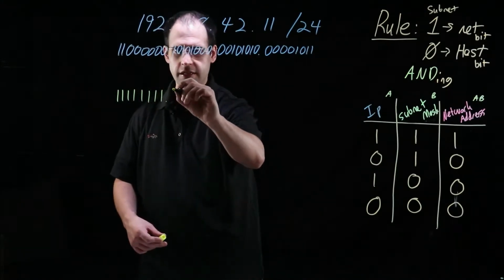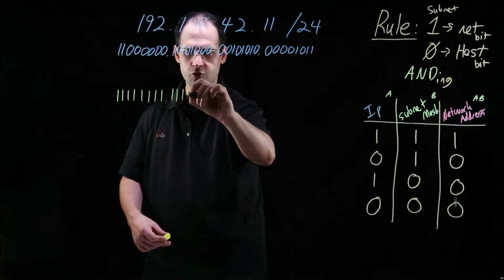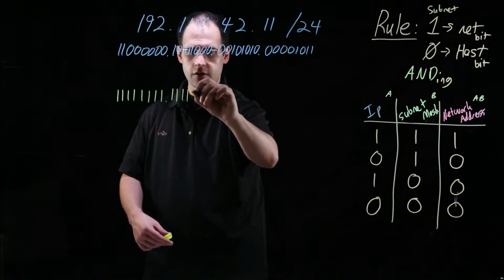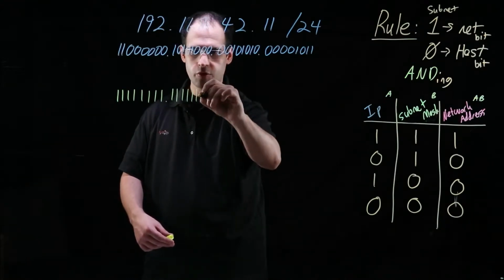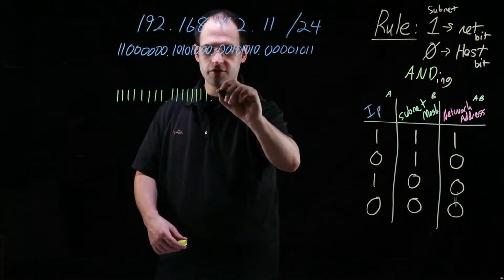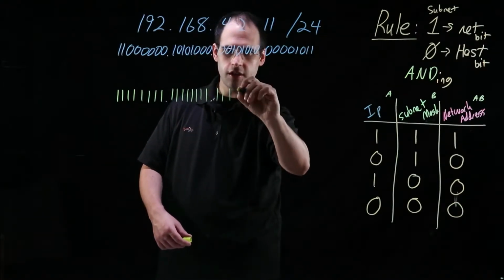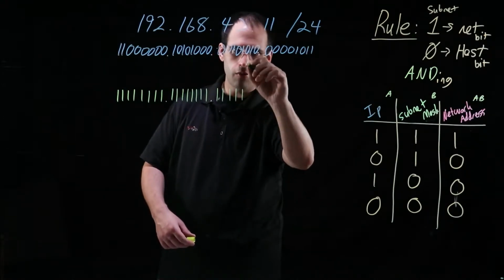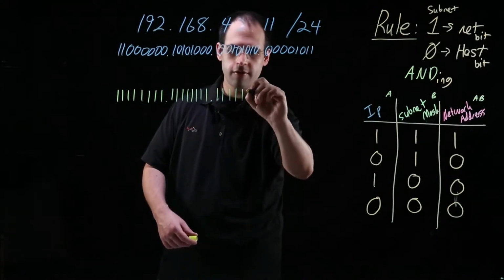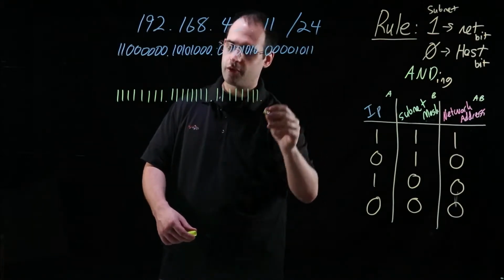And then we've got 9, 10, 11, 12, 13, 14, 15, 16. Getting close. 17, 18, 19, 20, 21, 22, 23, and 24. And we're all out.